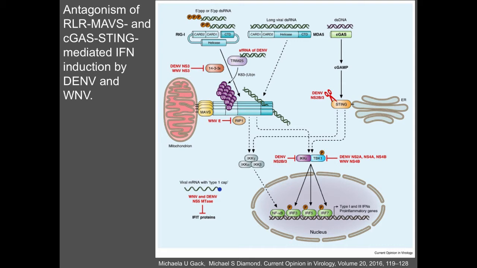Even before we get to the adaptive immune response, which is your B cell antibody or T cell mediated immunity, which develops while this is going on, there is an immediate response, broadly defined as innate immunity, that the cell will use to attempt to counteract the virus.